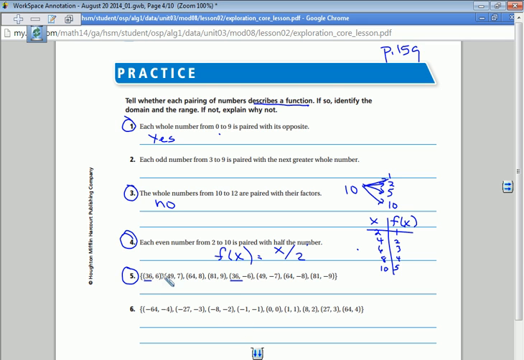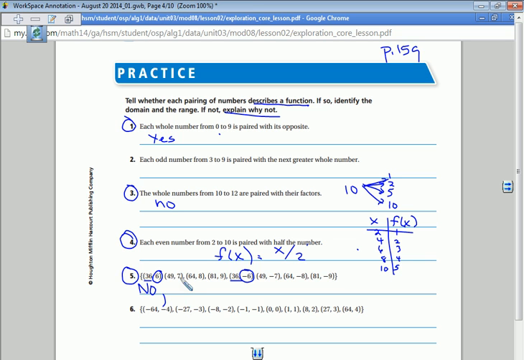So we see that 36 is paired with 6, and 36 is also paired with negative 6. So we know our answer is no. But if we had to explain why, an explanation is not that the x's repeat. The explanation is that one of the inputs is paired with more than one output.